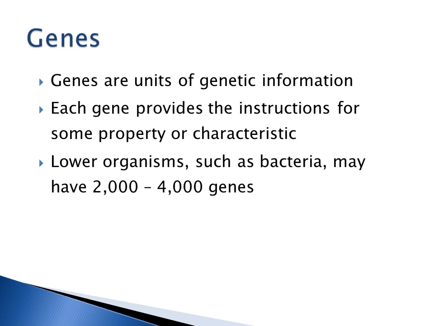So when we talk about genetics, we have to talk about genes, and genes are the units of genetic information. Each gene provides the instruction for a particular property or characteristic. In lower organisms, such as bacteria, there may only be 2,000 to 4,000 genes, whereas in higher organisms, there are many, many more.